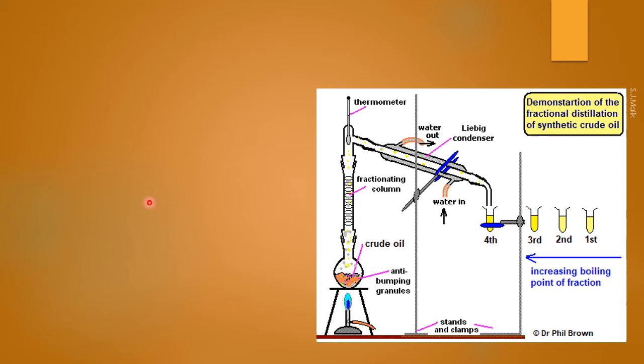In distillation and in fractional distillation, the apparatus used is similar. Only a small difference is seen, and that is in the fractionating column, which is a tube packed with glass beads. The beads provide surface for the vapors to cool and condense rapidly, and that you can see in this picture.